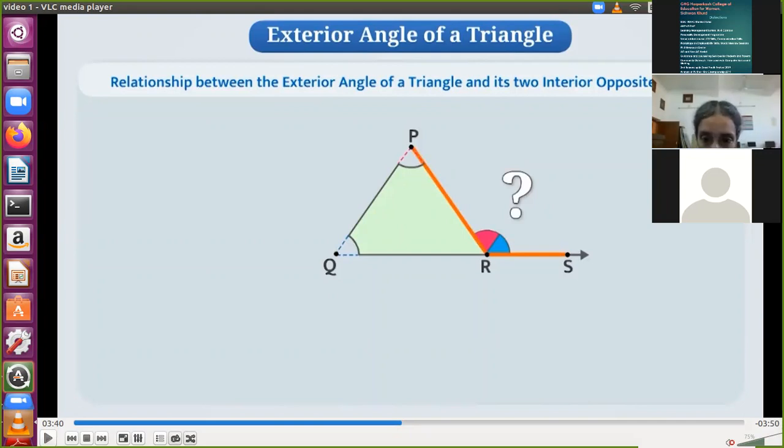We have found that angle PRS is made up of angles PQR and angle RPQ. When these both angles are joined, the complete angle becomes PRS. We have found the relationship between the exterior angle of a triangle and the two interior opposite angles.